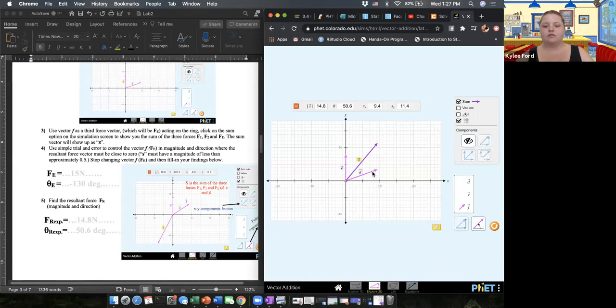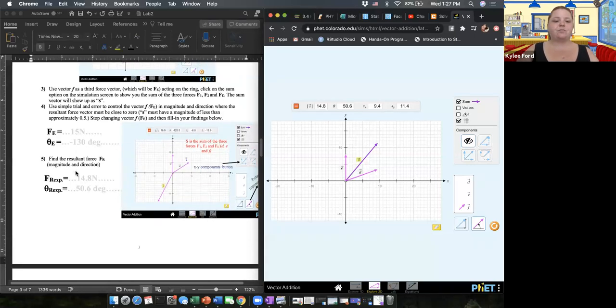Oh, there's a chat. Oh, perfect. Okay, yeah, this is exactly what we're looking for. So we have the resultant vector and then something that would counterbalance that vector. It's equal in magnitude, but completely opposite in direction.